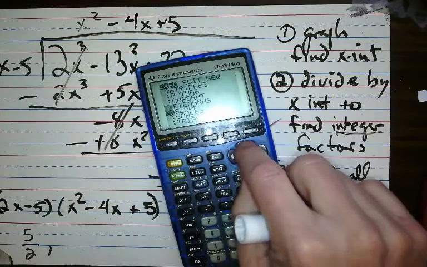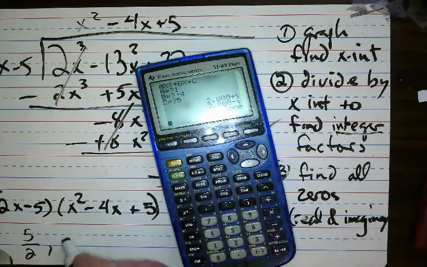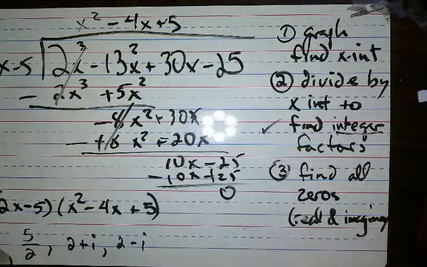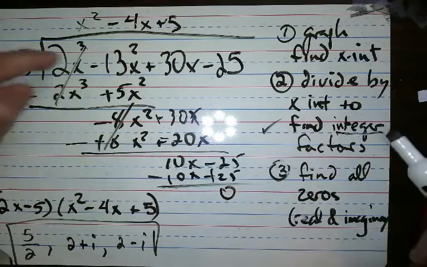No problem. What is that one? Program quadrat. Remember, if you need it, ask me for it. I will give you the program again. X squared minus 4x plus 5 turns out to be, hey, 2 plus i and 2 minus i. Alrighty. We have 3 answers, just like we knew we should.